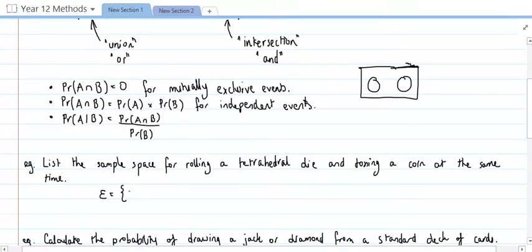So we could have one with a head, one with a tail, 2 with a head, 2 with a tail, 3 with a head, 3 with a tail, or 4 with a head, or 4 with a tail. And that is the sample space for that event.